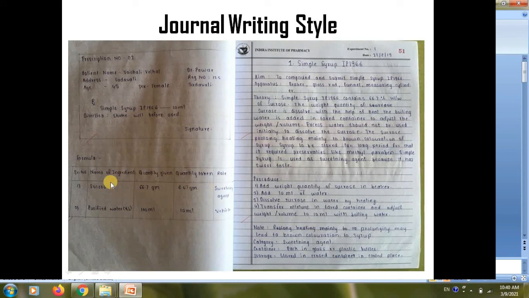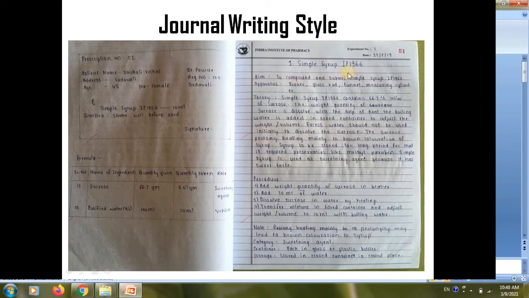If you see, there is the name of the ingredient, so they have provided sucrose and purified water. Then quantity given is 66.7 gram and 100 ml. The aim is to compound and submit Simple Syrup IP 1966, and it is given in 10 ml. It is not written over here, but it is 10 ml.